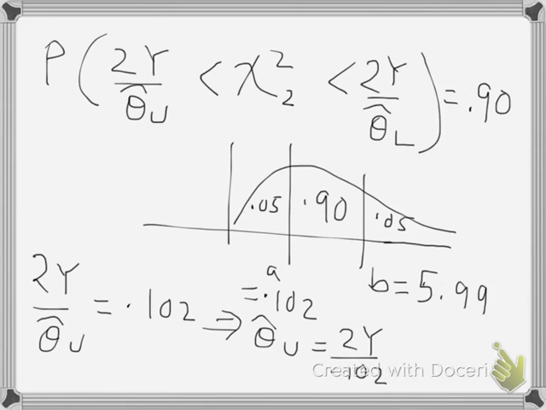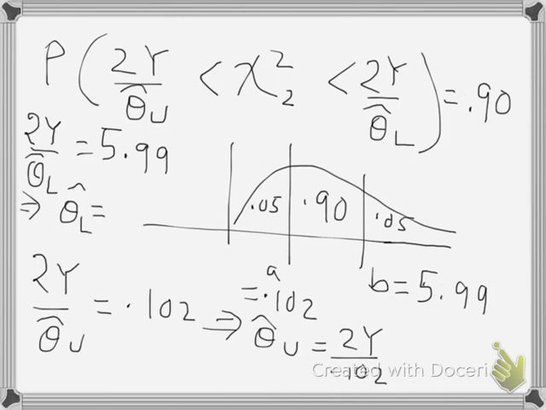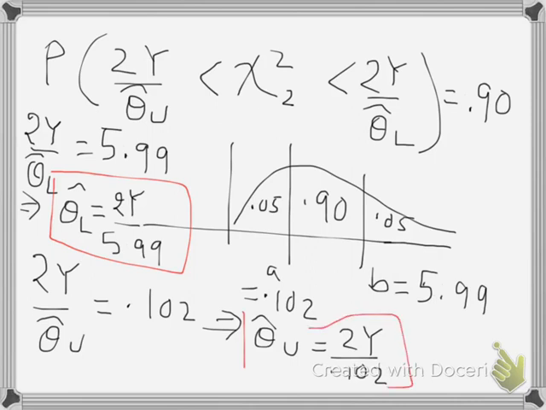And similarly, 2y over theta hat lower is equal to the other tail, 5.99, which implies theta hat lower is equal to 2y over 5.99, right? So those are the two. That's your theta hat lower, and this is your theta hat upper.